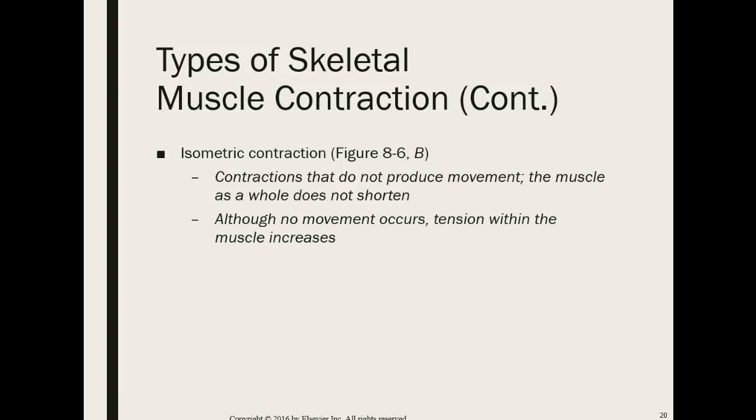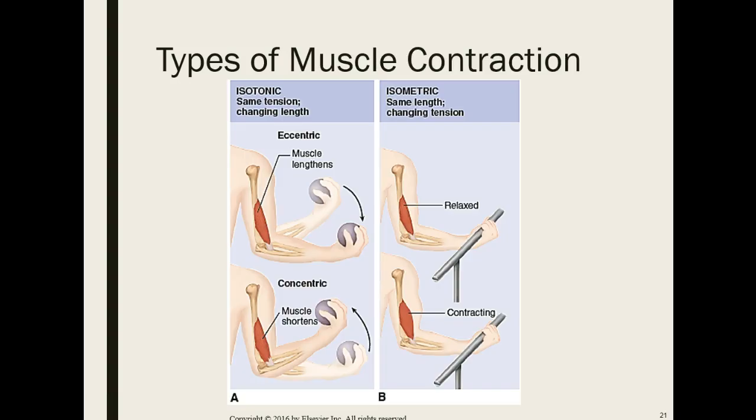So even though there's no movement, there's still tension within the muscle. This just gives a visual of those two types of muscle contractions. Isotonic: same tension, but changing length. Isometric: same length, but changing tension.